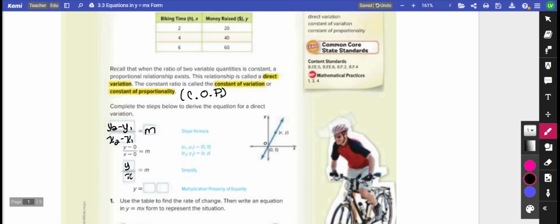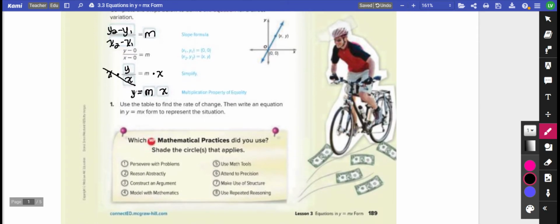So y divided by x equals m. Now I want to get rid of the x in my denominator on the left, so I'm going to multiply both sides by that x. On the left side, that simplifies down to y. So y equals m times x, because we use the multiplication property of equality.